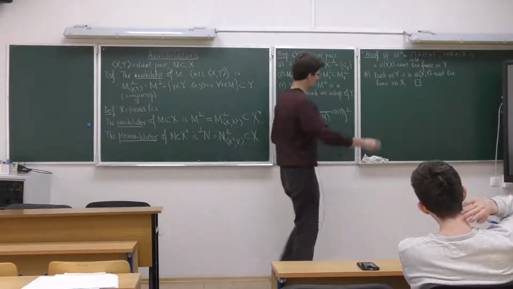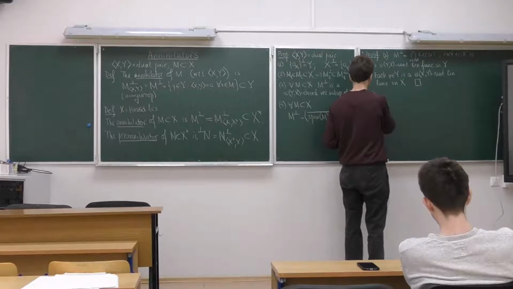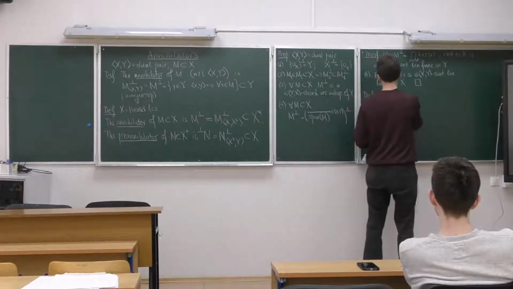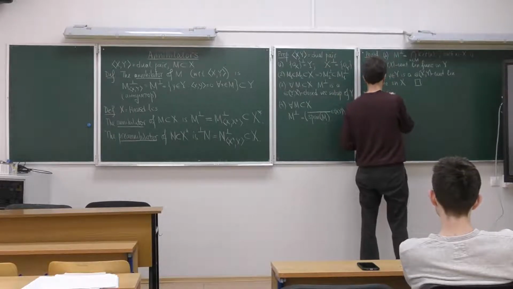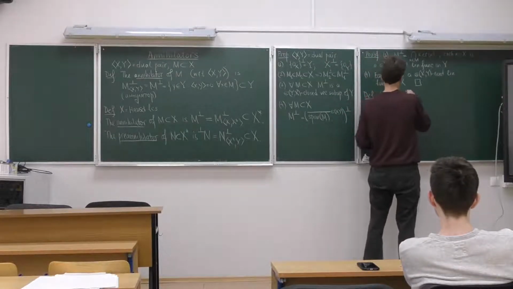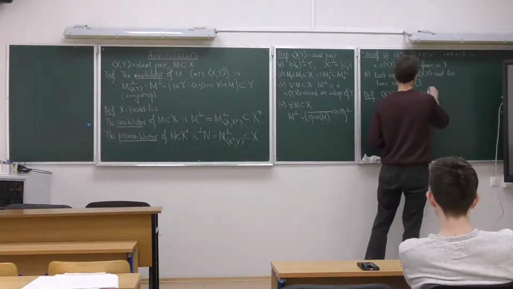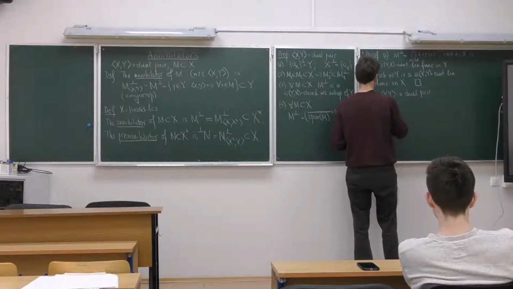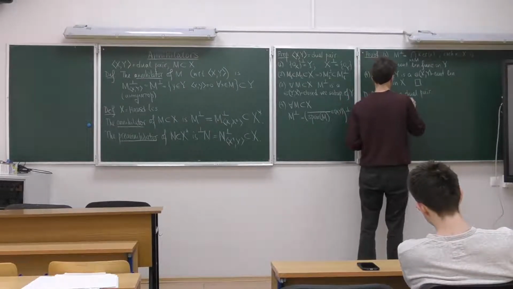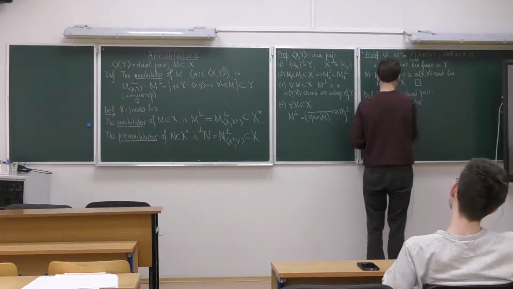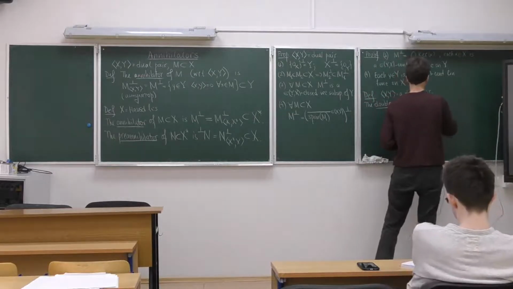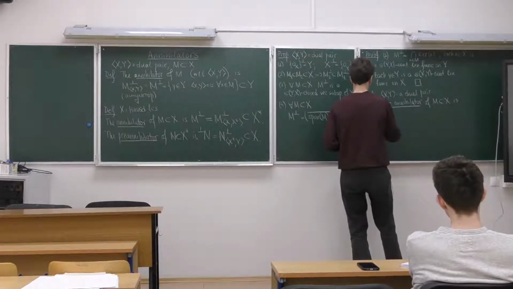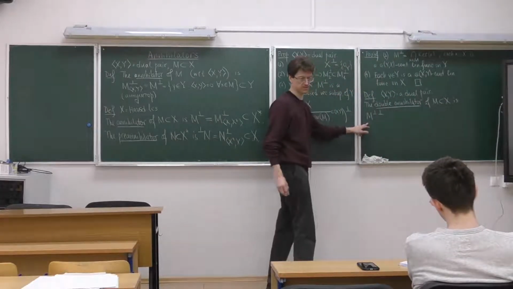Okay, let's now introduce double annihilators. So again, we start with a dual pair, X and Y. And we define the double annihilator of a subset M in X to be the set denoted like this.